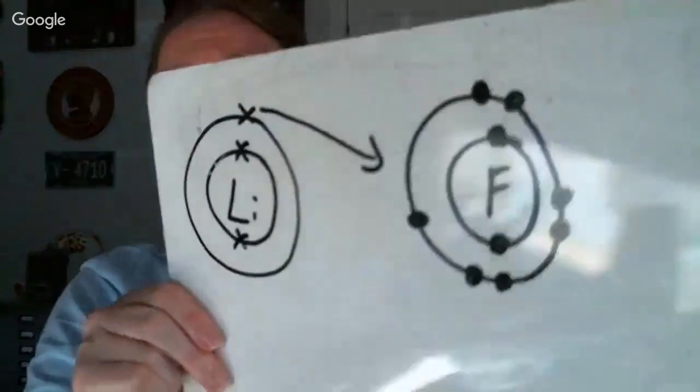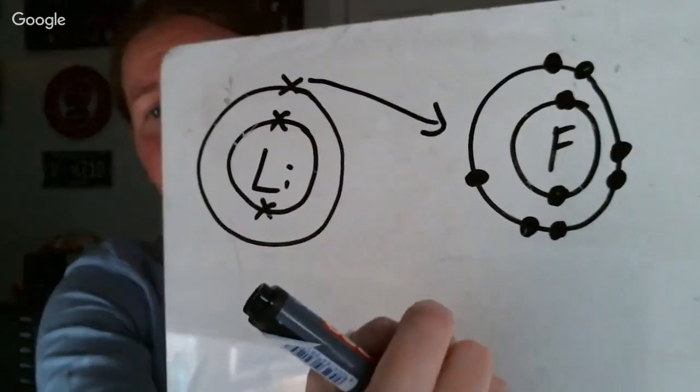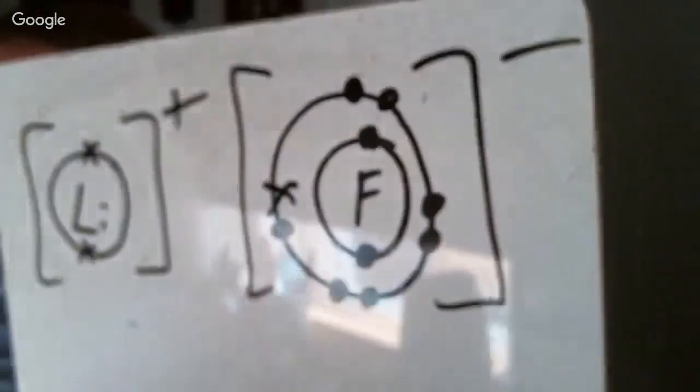What happens when these form ions is that the electron from lithium is transferred to fluorine. As a result, the lithium has lost an electron, so it's gained a positive charge, and our fluorine gains this electron and gets the negative charge.